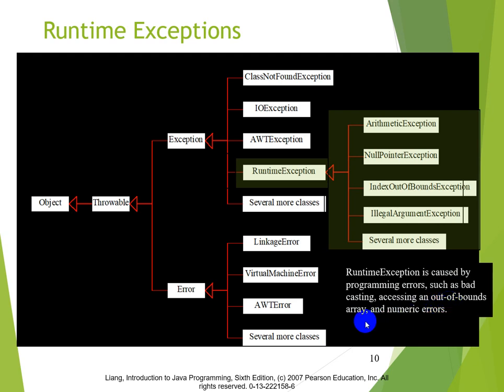You have limited the size of an array, and you're trying to access an index of the array that has not been allocated memory in the RAM. That can be another situation, and there can be a few numeric errors as well. So these are the runtime errors that you may come across, and we call them runtime exceptions. So you need to handle them.